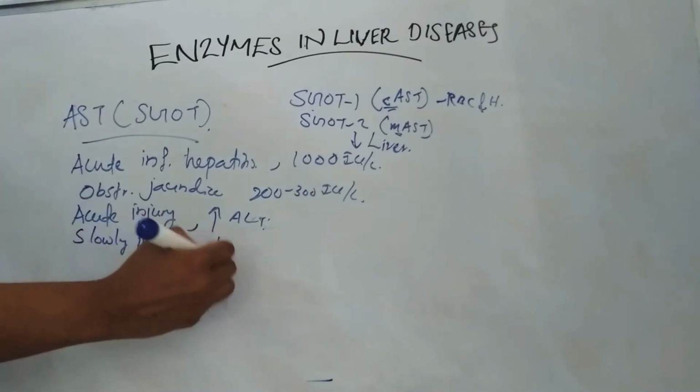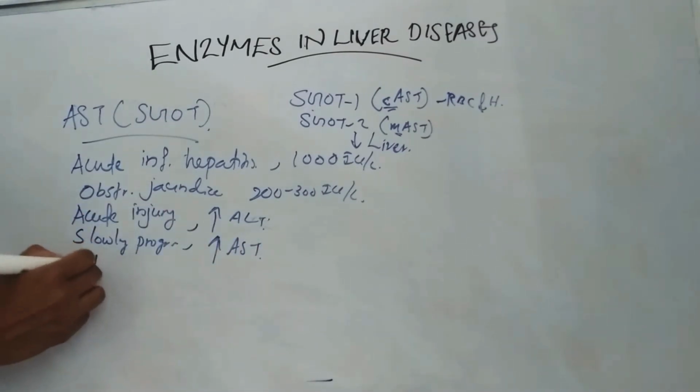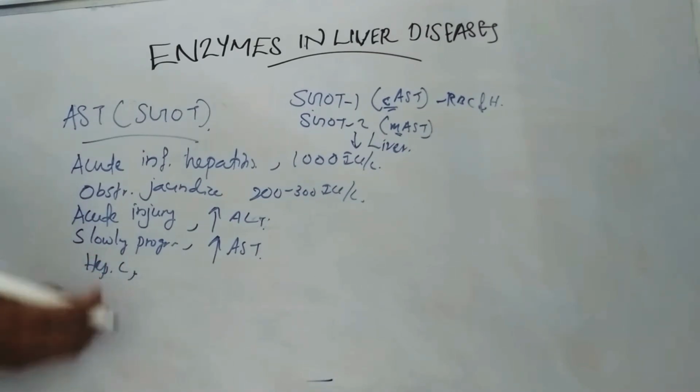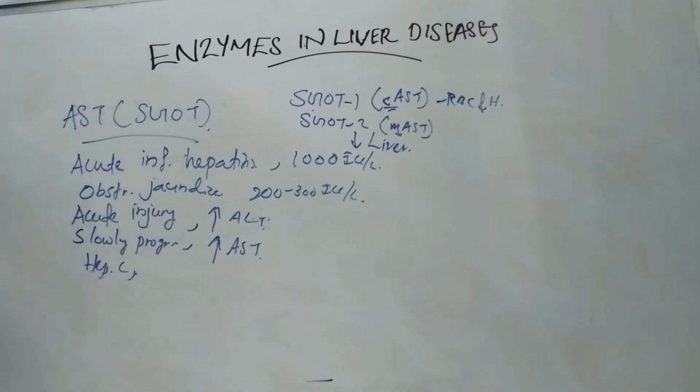As a result, AST will increase. For example, in hepatitis C, long-term liver damage causes extrahepatic symptoms involving the kidneys, joints, then skin, eyes, etc.